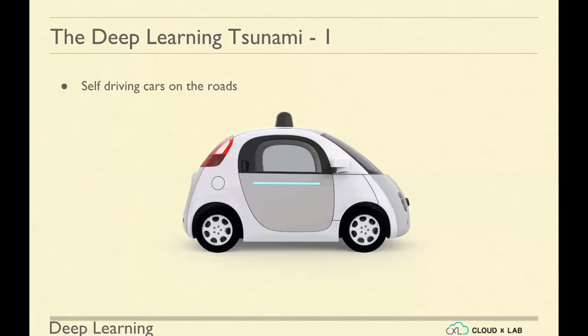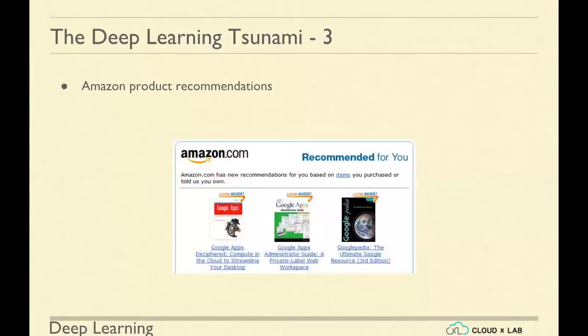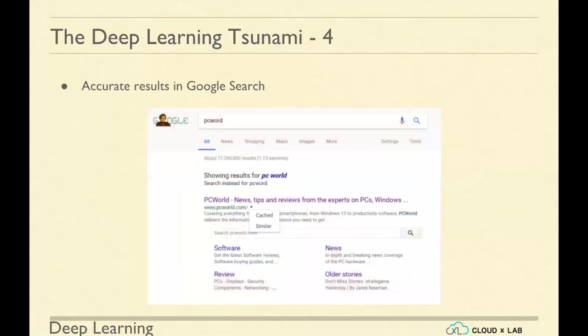Okay, like self-driving cars on the road, Netflix movie recommendation. There was a $1 million challenge long back that basically pushed machine learning to the forefront. The Amazon product recommendation was one such example. The search results are another.